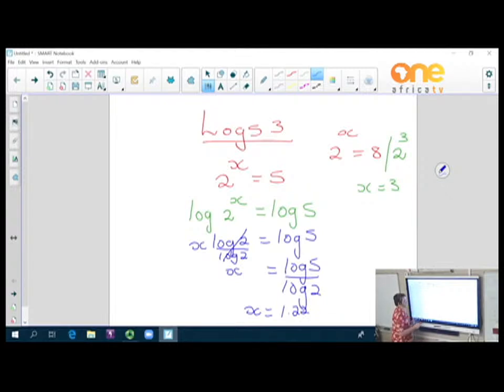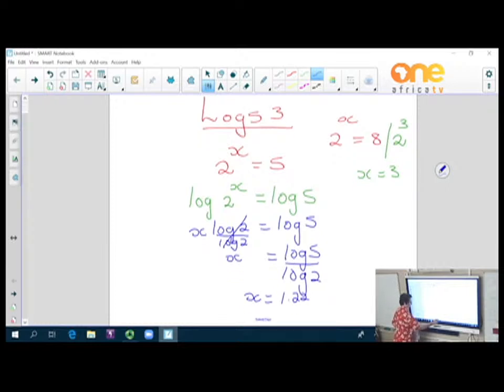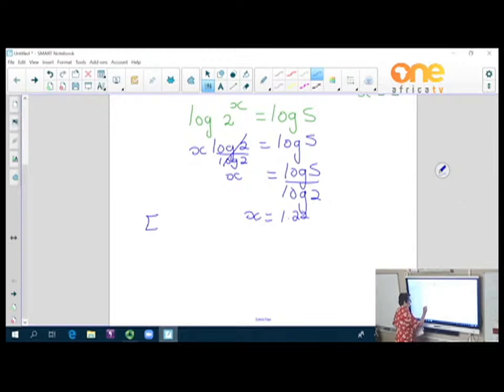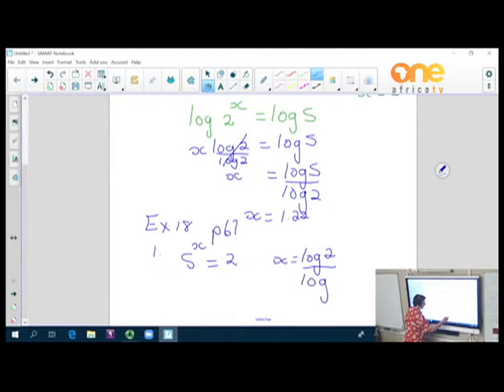So we're going to use this log method now to do exercise 18. So in the textbook now, we're looking at exercise 18, page 67 in your textbook. Now the first one says 5 to the power of x is equal to 2. It's just the other way around. So this one is going to be x is equal to log 2 divided by log 5.